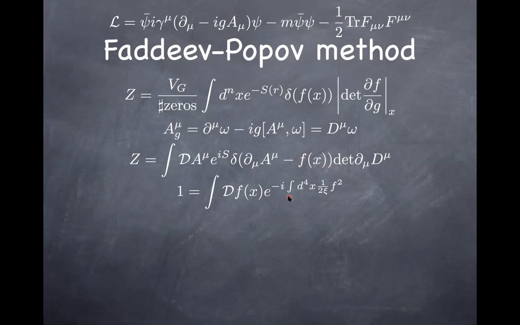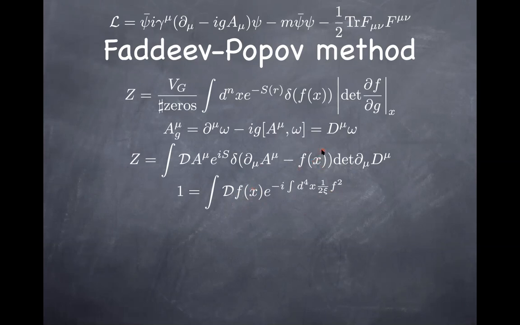This Gaussian weight is meant to be some kind of potential energy, which is minimized when f vanishes, namely when the divergence of A vanishes. But it's smeared. So if you go back to the picture of the many slices a couple of slides ago, then instead of sticking to one particular slice, you average over nearby slices with this Gaussian weight. And that's the averaging we are doing here.